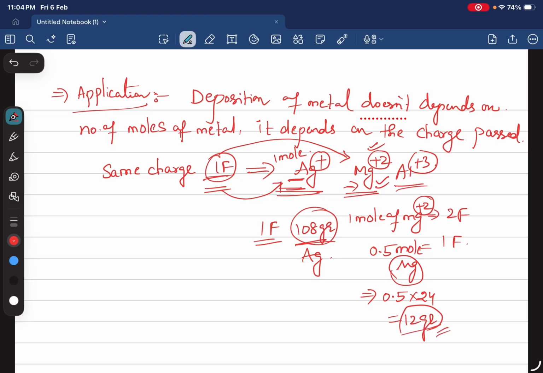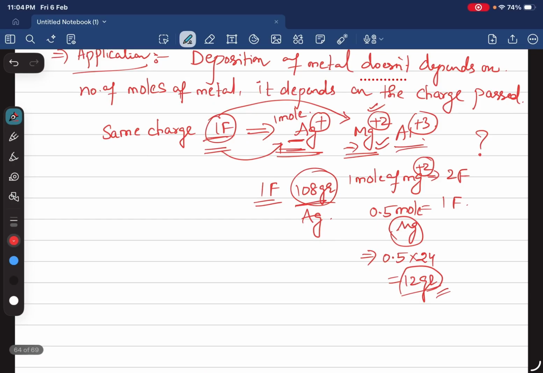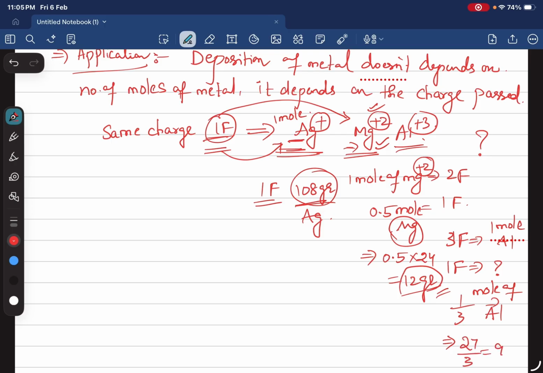In the same way, if you pass the same 1 Faraday to Al plus 3, how much is deposited? Just calculate: 1 by 3 mole of Al, because 3 Faradays are required to deposit 1 mole of Al, since the charge is plus 3. If you pass 1 Faraday, 1 by 3 mole of Al is deposited. 1 by 3 mole of Al means 27 by 3, which equals 9 grams.